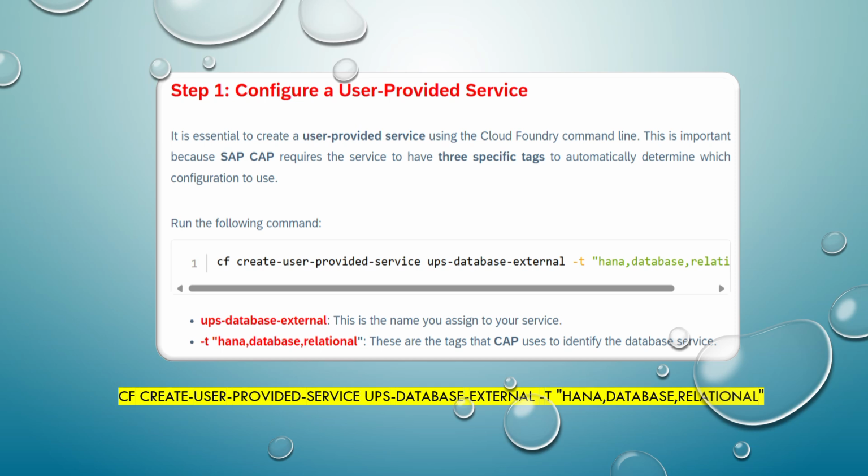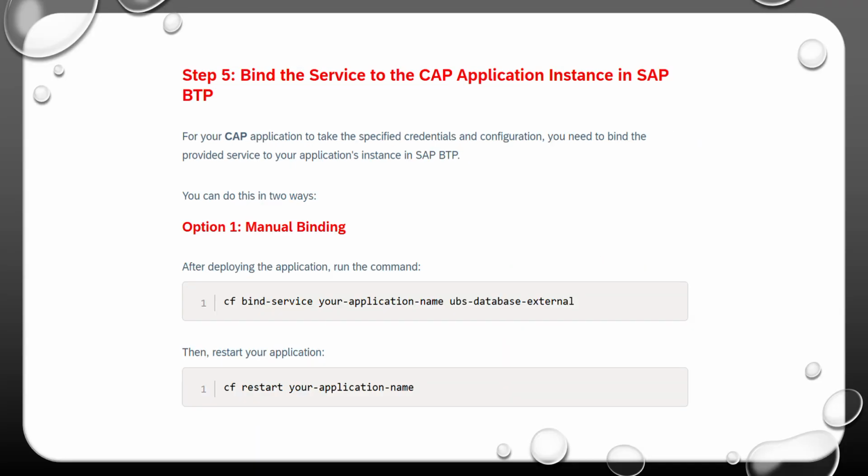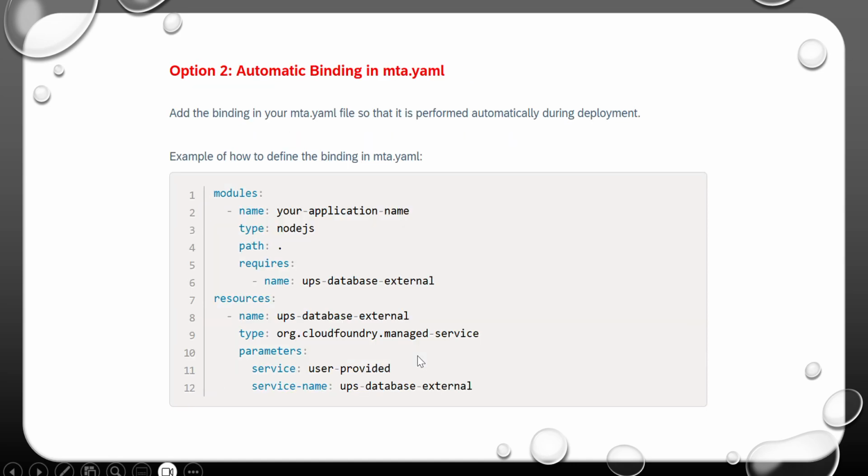If you don't know how to create a service instance, you can use the command cf create-user-provided-service, and it will generate the service instance. If you want to manually bind the service, we can use cf bind-service with your CAPM application name. After that, once you restart your application, it will be created.